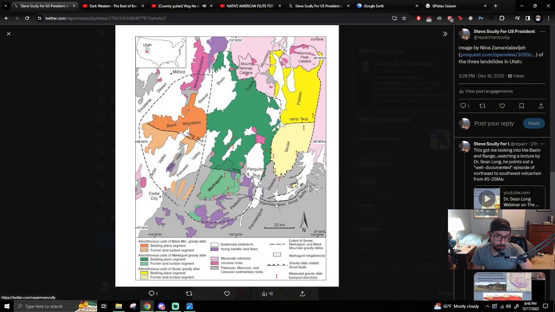So here's another image from someone's thesis, whose name I cannot say. Zamanaya Lavaja. Sorry. Pardon me. I'm sure they get that a lot. But yeah, specifically this region, former land surface segment, bedding plain segment.